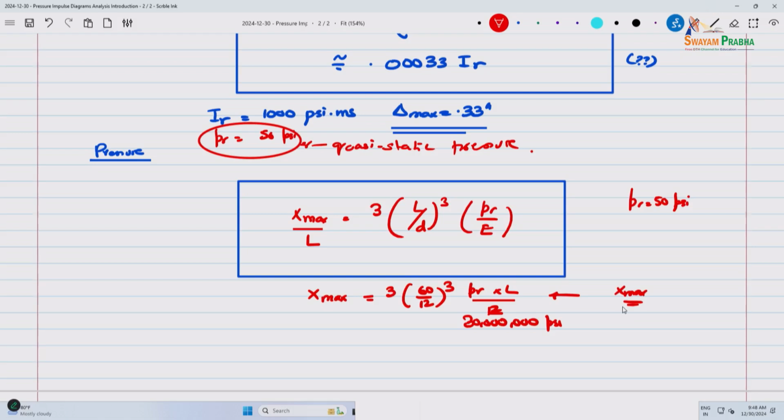So for my case, I got X max as 0.0075 inches.